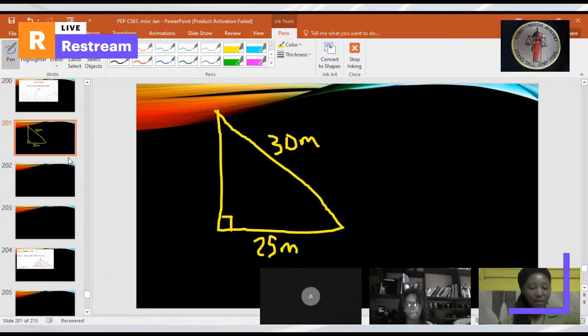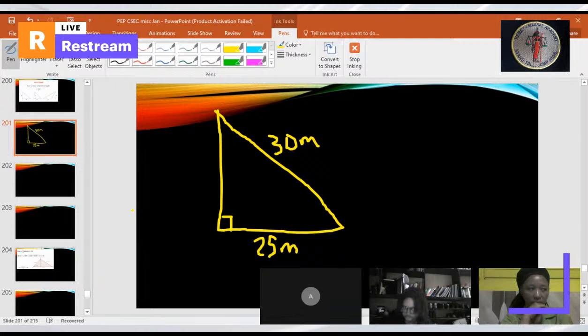All right. Imani, how would you find the area of that triangle? Okay, miss. The area of a triangle is half base times height.